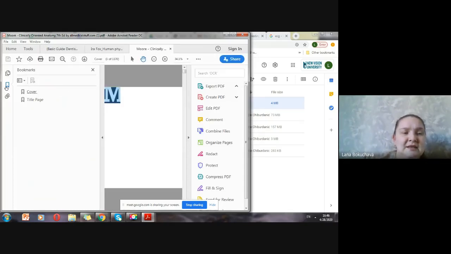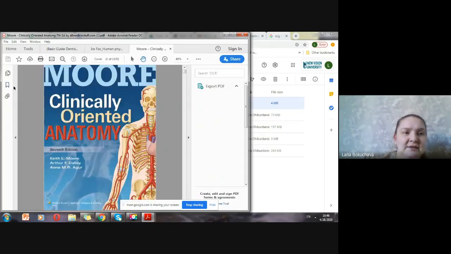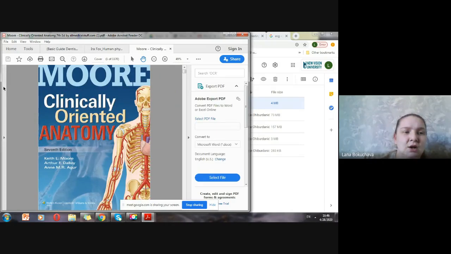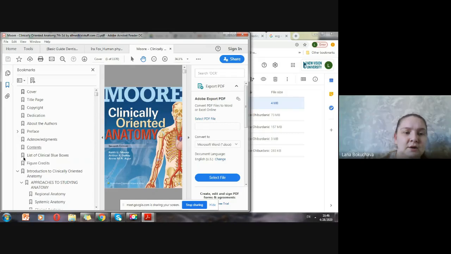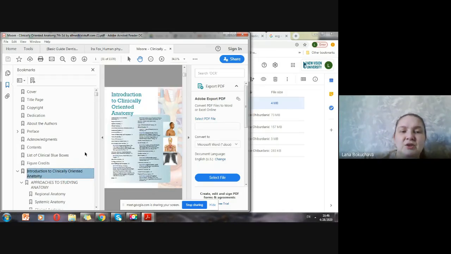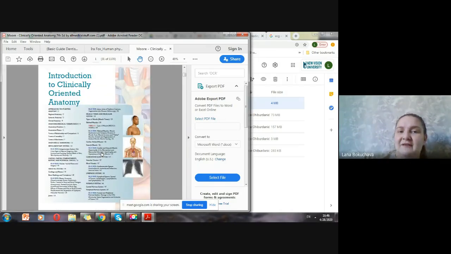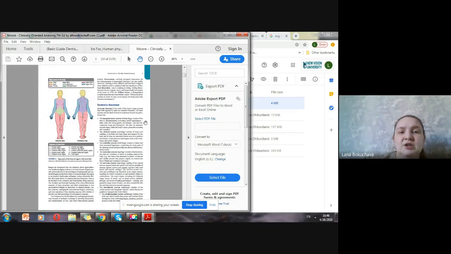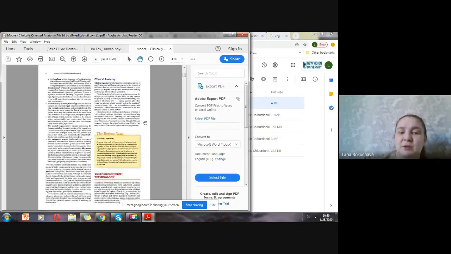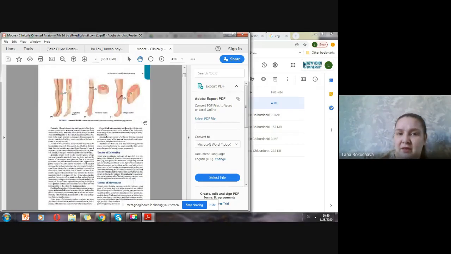So this is in Moore's Clinically Oriented Anatomy, localized in the parts of, do you see? Here is the introduction to clinically oriented anatomy. It doesn't have a chapter number, it starts from page 2. So approach, systemic anatomy, anatomical medical terminology, all of this.